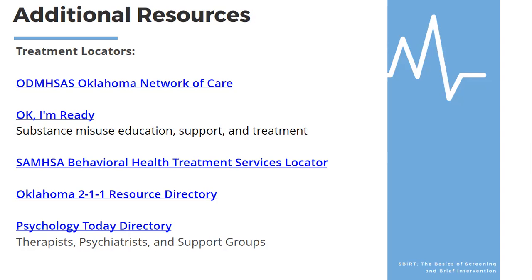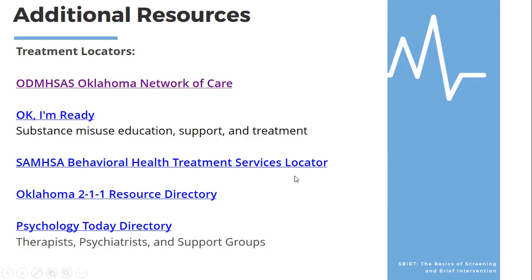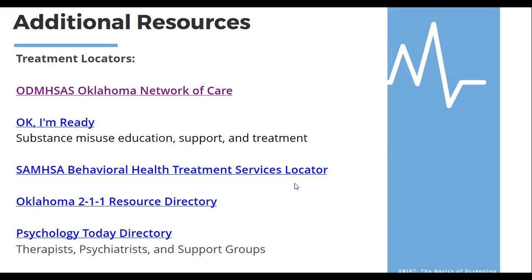So their Oklahoma Network of Care, can we click on that and see where it takes us? Because these are the places they're telling us they want us to send people. That was that website you just showed us, Network of Care, wasn't it? I'm Ready is one of their programs.